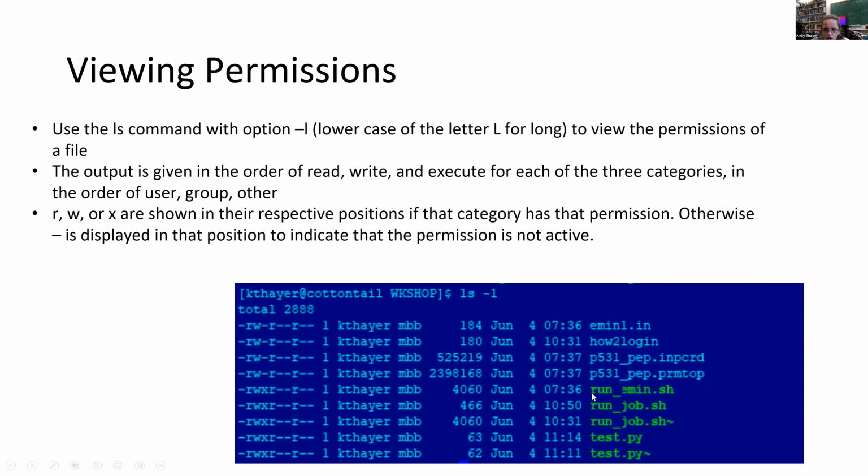But since this one is executable, and also notice that it's green color to help you spot that very readily, we see that I have read, write, and execute permissions. So this is user, and my group and other also only have read permissions, so they can't actually run this. Now I could change the permissions so that my group members could execute this script, or others for that matter.